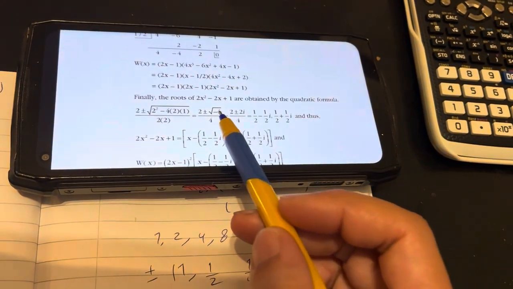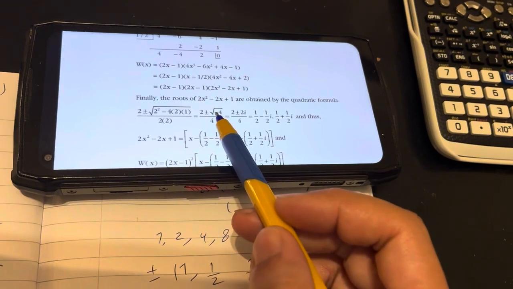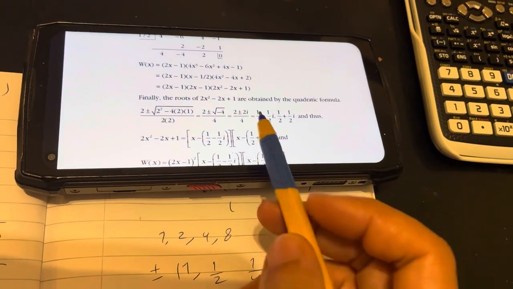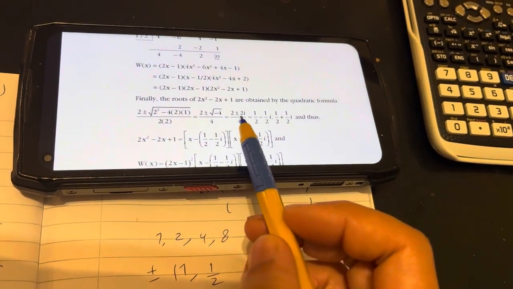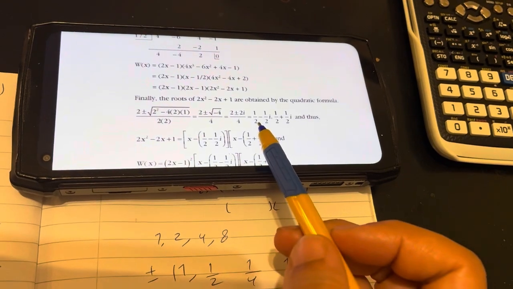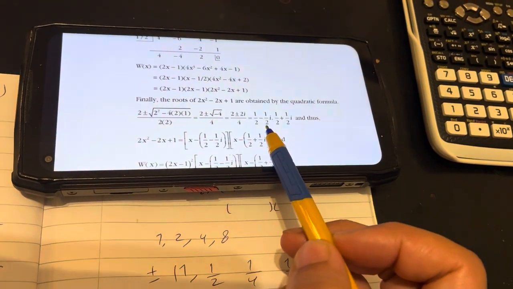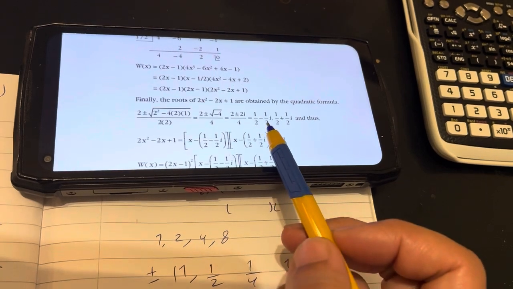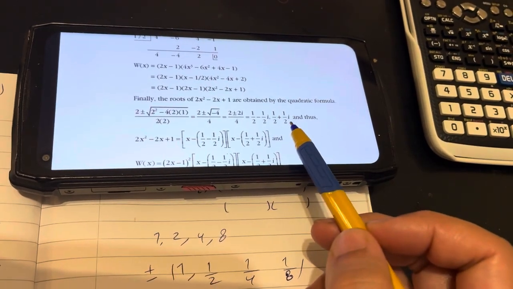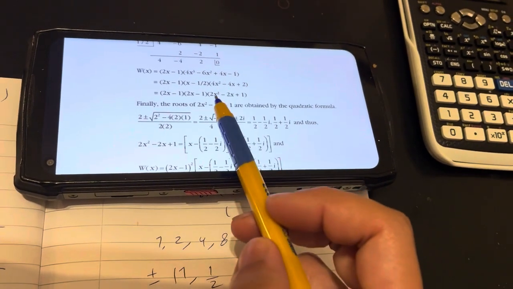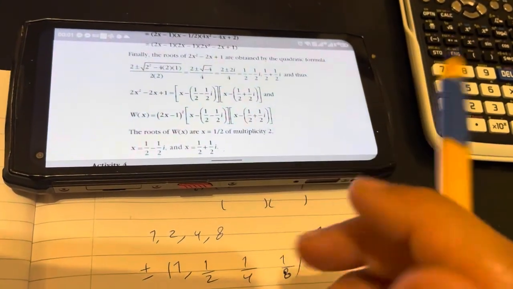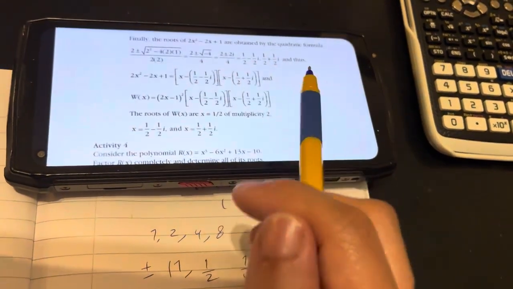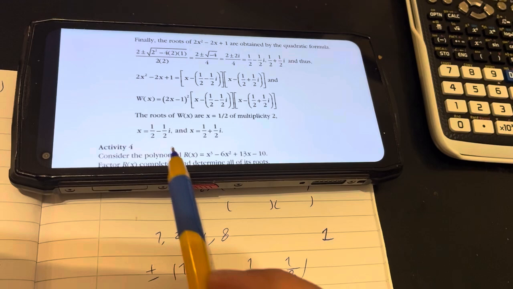So radical minus 4, you take radical minus 1 as i, and radical 4 is plus or minus 2. So your solutions are 1 over 2 minus 1 over 2i, and 1 over 2 plus 1 over 2i, and 1 over 2 and 1 over 2. So this is how the factors of the equation are found.